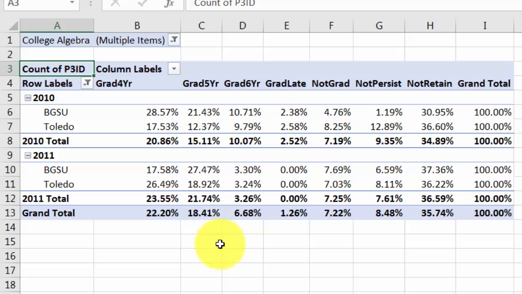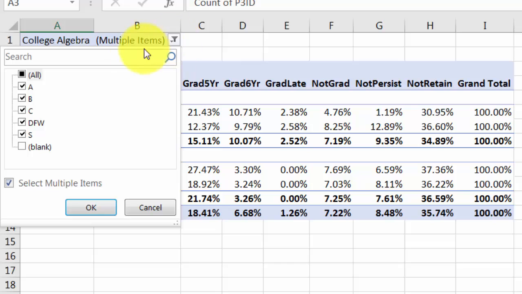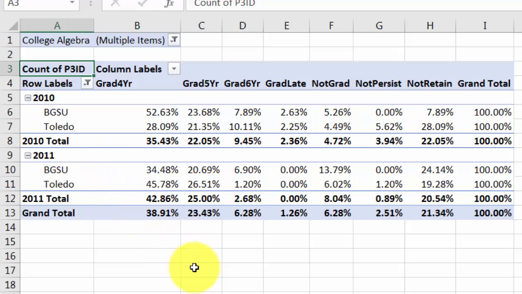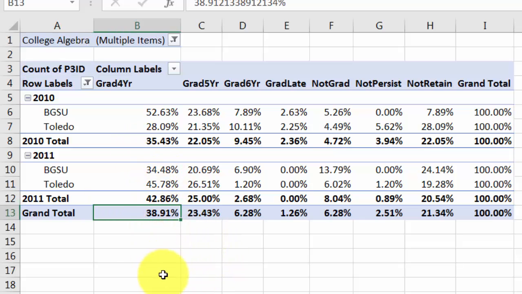But I'm really interested in seeing how those values change based on the grade received. So if I uncheck all, I'm going to look at the impact of getting either an A or a B in the course. So doing well in college algebra, the 4-year graduation rate is up at about 39%.